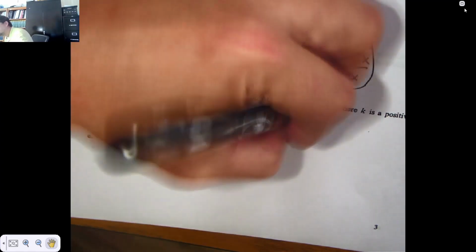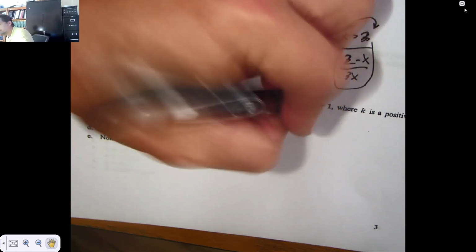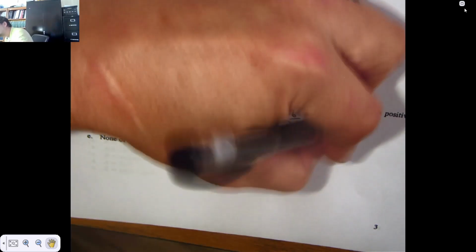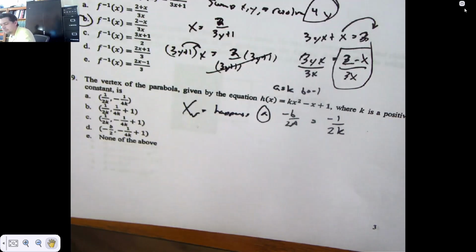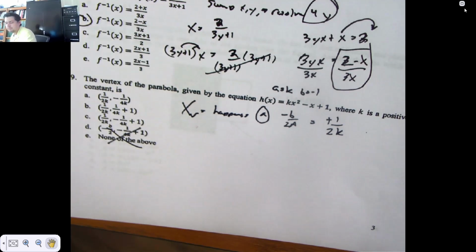Well, a is k, b is negative 1, and that's all I need. So it happens at negative 1 over 2k. Sorry, opposite b, positive 1 over 2k, which at least throws away d.